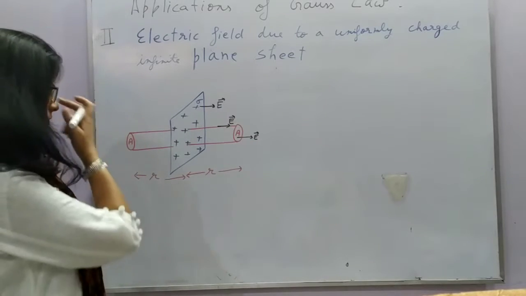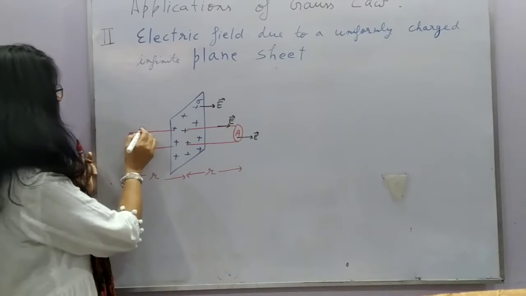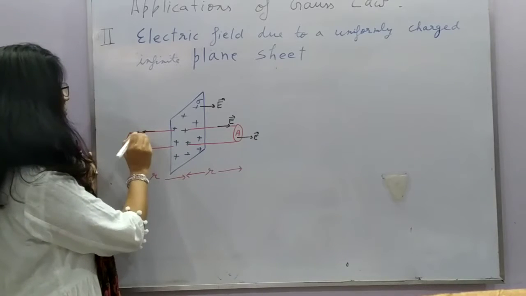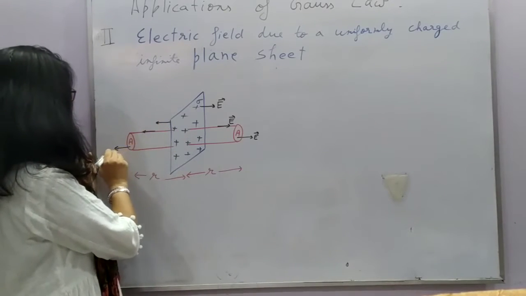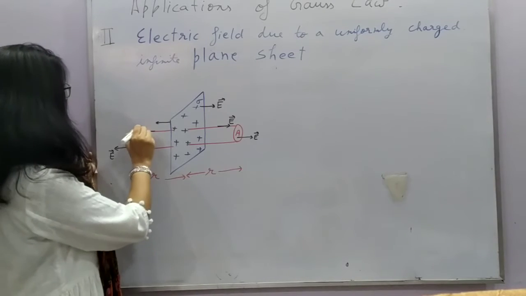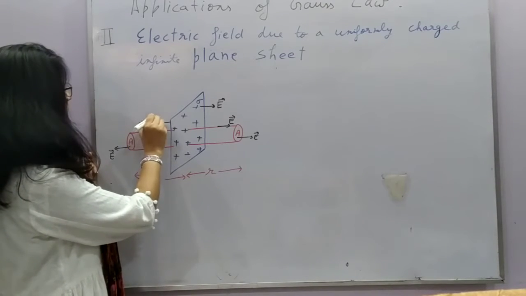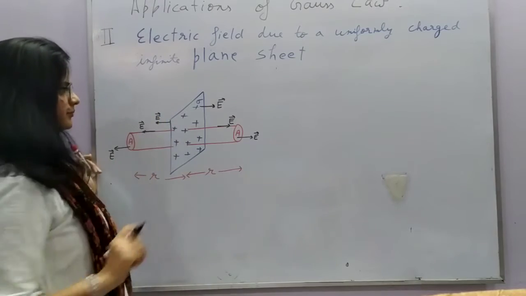Similarly, if we consider any point on the left side, the electric field direction will be this way, and here also this is the direction of electric field.